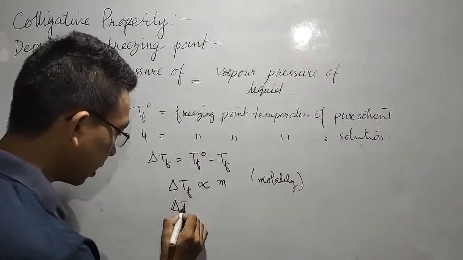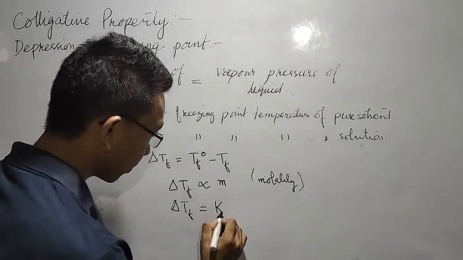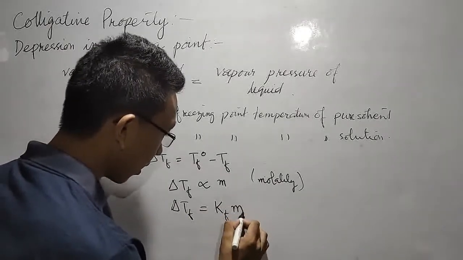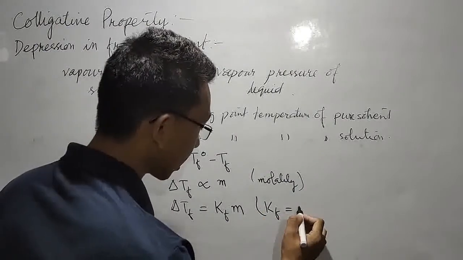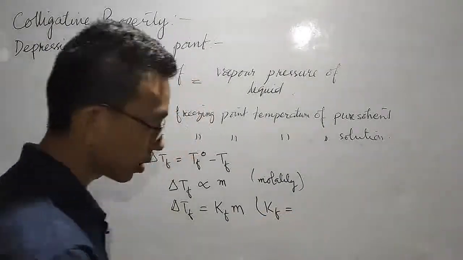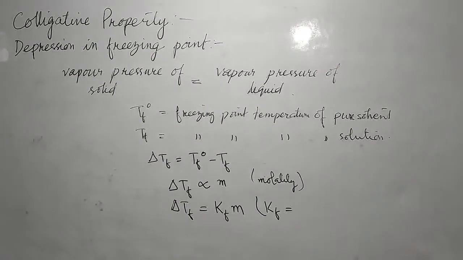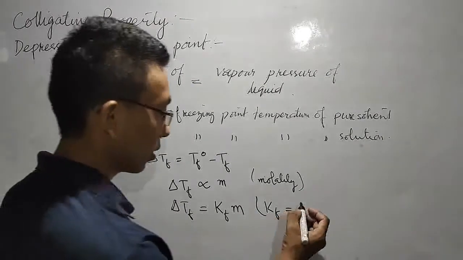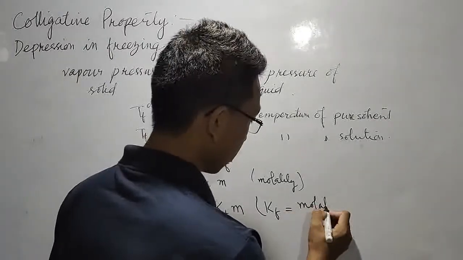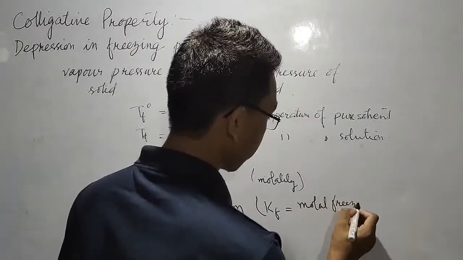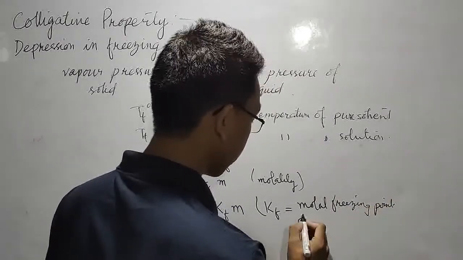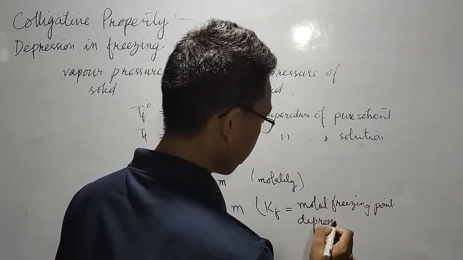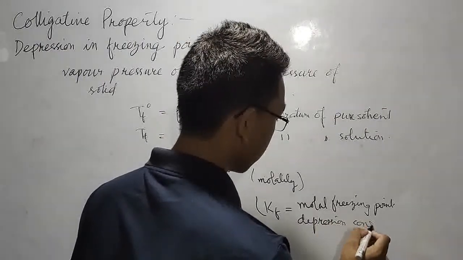So del TF is equal to KF m, where KF is a proportionality constant, also known as the molar freezing point depression constant.